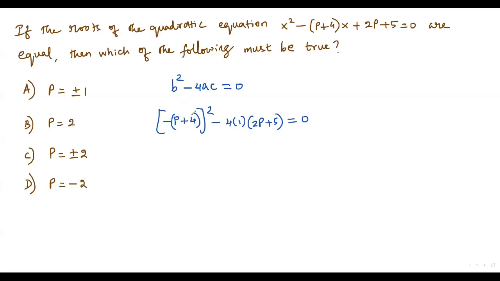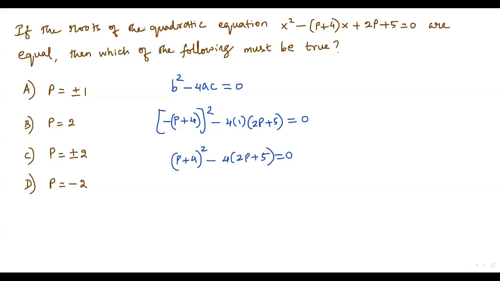This negative term is squared, and whenever I square a negative term, it becomes positive, because of the even exponent 2. So now we can take this exponent 2 only for p + 4. Then I'm getting (p + 4)², that is, (−(p + 4))² becomes just (p + 4)². Then −4 times 1 is 4, times (2p + 5), equals 0.